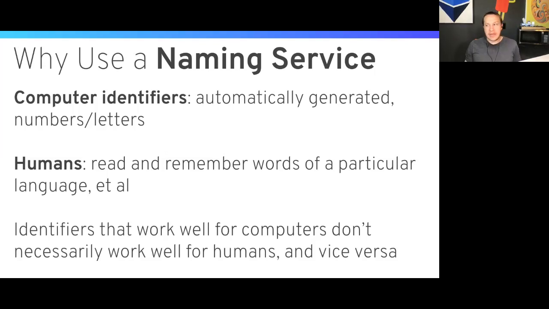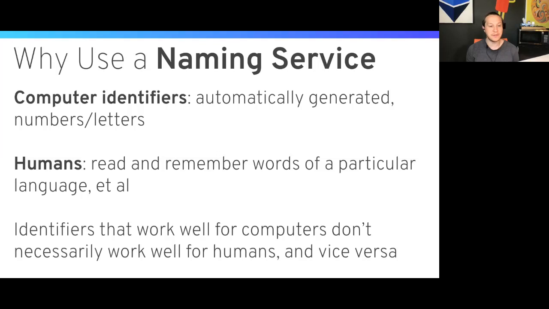So why do we even have naming services? Well, we have computer identifiers, which can be automatically generated. They can be numbers and letters. The software can easily distinguish these things. But humans like to read and remember words of a particular language that have social context and things like this.